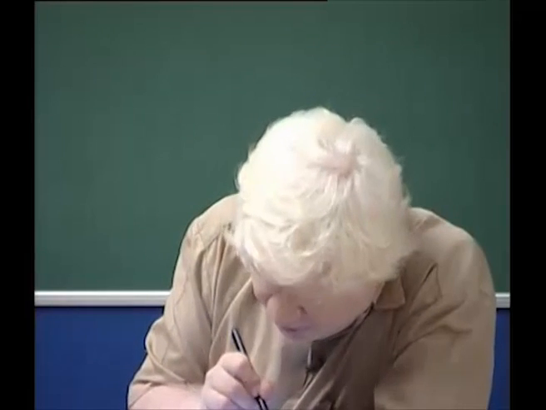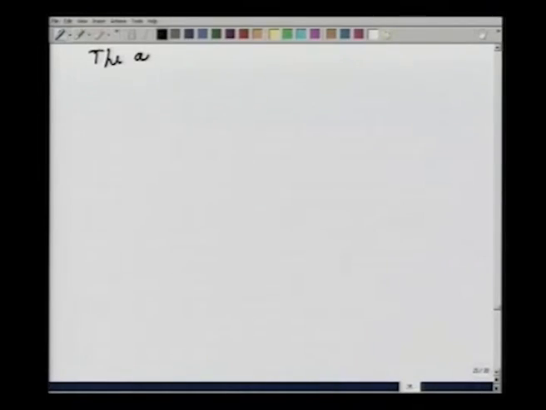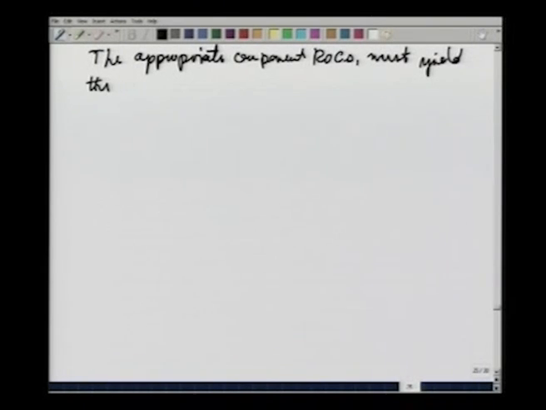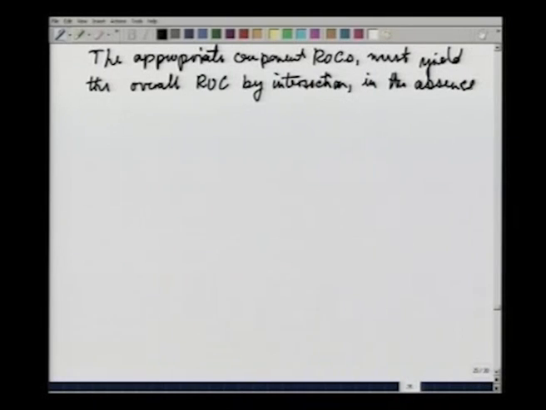So, the appropriate component ROCs must yield the overall ROC by intersection, in the absence of pole zero cancellation.